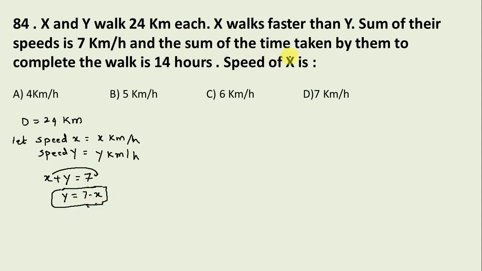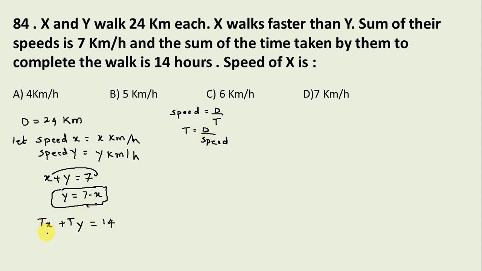The sum of time taken by them to complete the walk is 14 hours. So time of X plus time of Y is equal to 14 hours. The formula of speed is equal to distance travelled by time taken. Then t is equal to distance travelled by speed. We use this formula here.